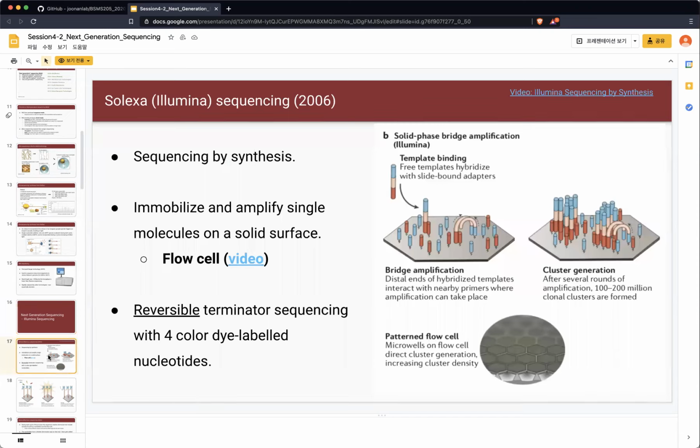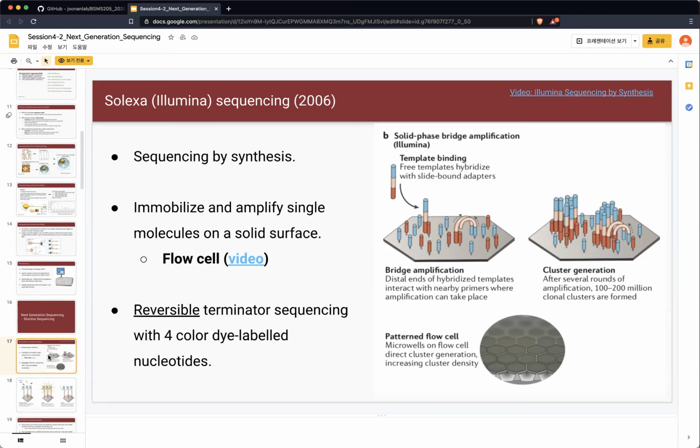Okay, so as I explained yesterday, Illumina sequencing was introduced in the next generation sequencing market as the Solexa platform in 2006. So first, the sequencing platform was developed for the Solexa system.